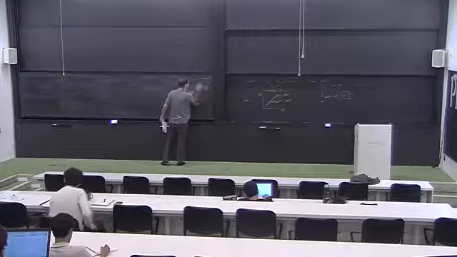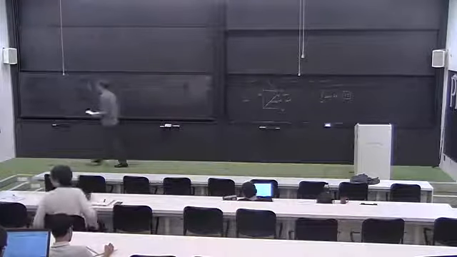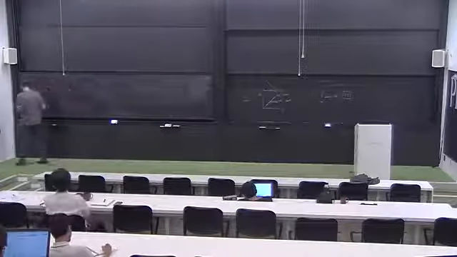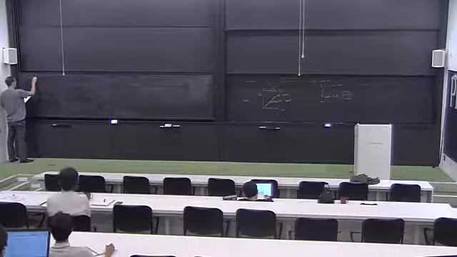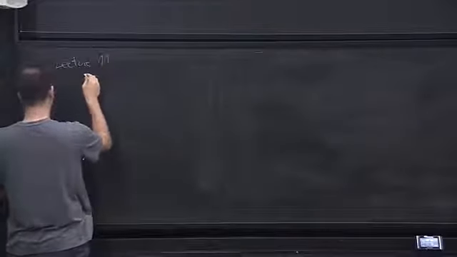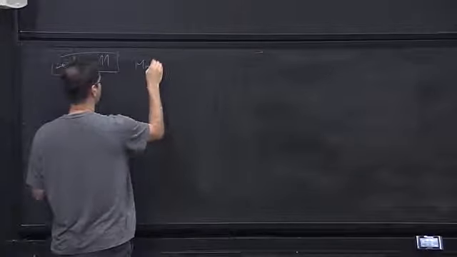Okay, so we've seen one concrete example of tensor network, or two simple examples. And now what we want to do is to study one of the most important tensor networks that we have, which is matrix product state.